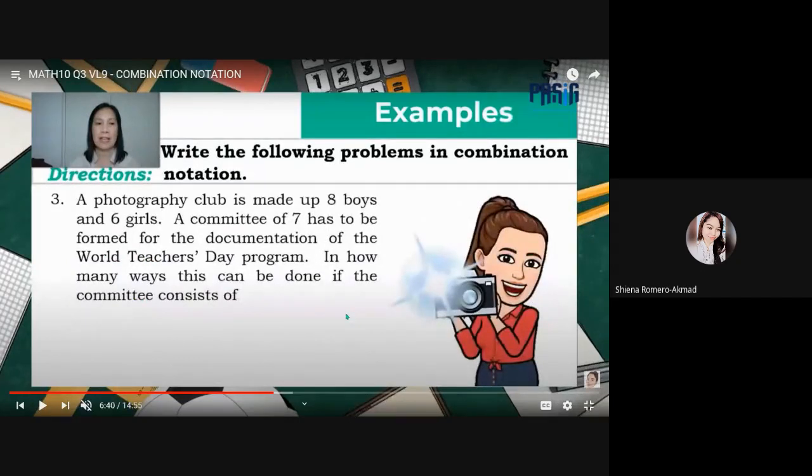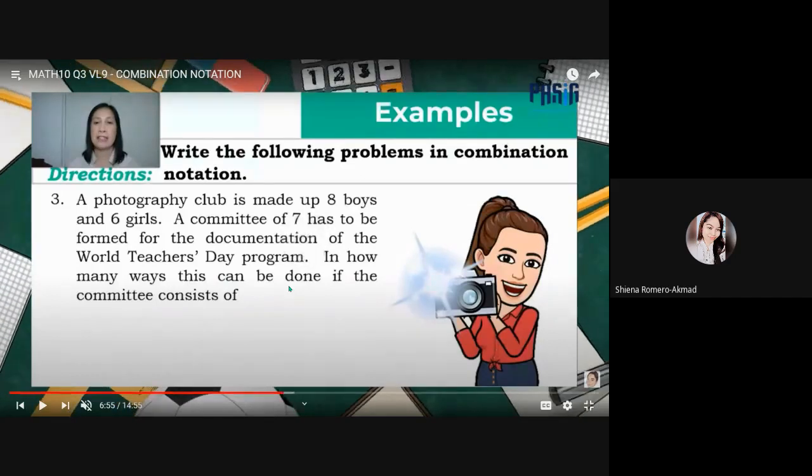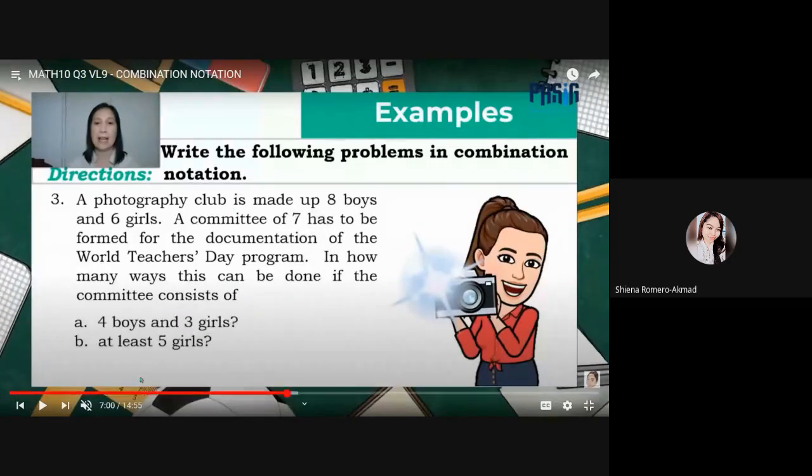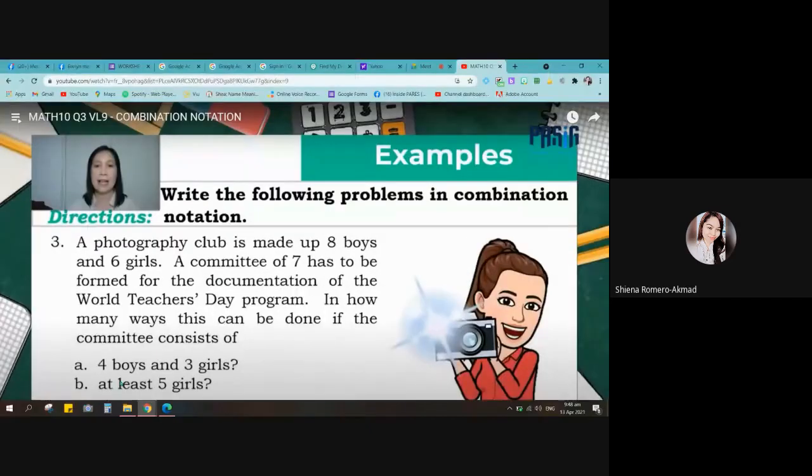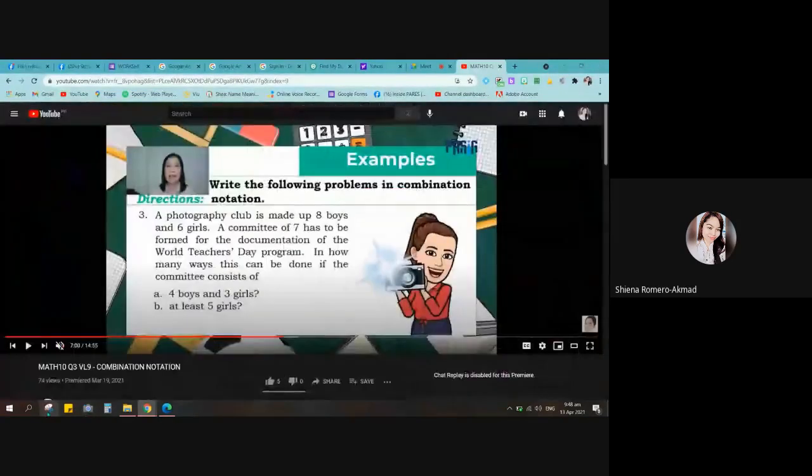How about in this problem? A photography club is made up of 8 boys and 6 girls. The committee has to be formed for the documentation of the World Teachers' Day program. In how many ways can this be done if the committee consists of 4 boys and 3 girls? So I'll show you how it is done.